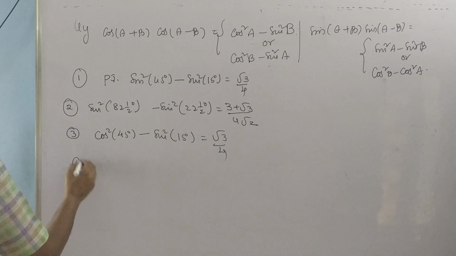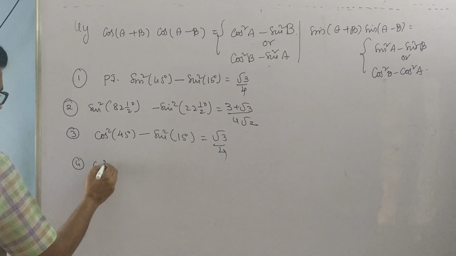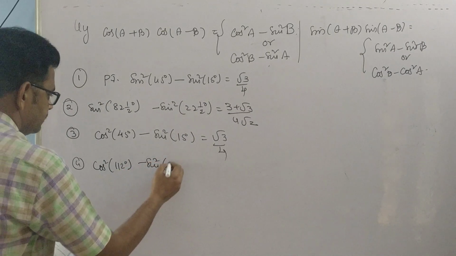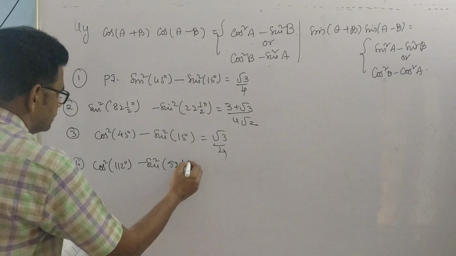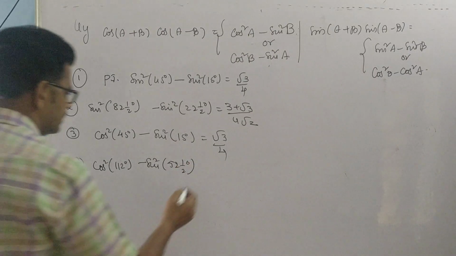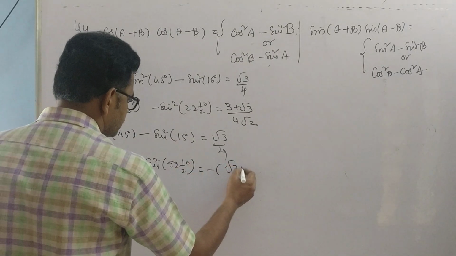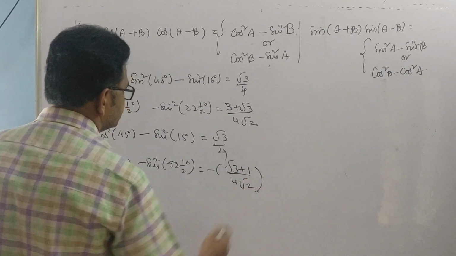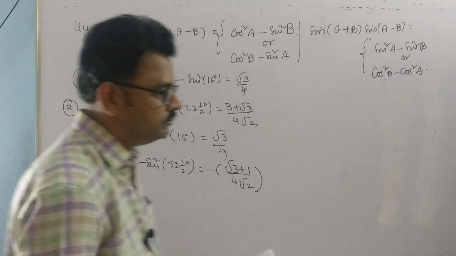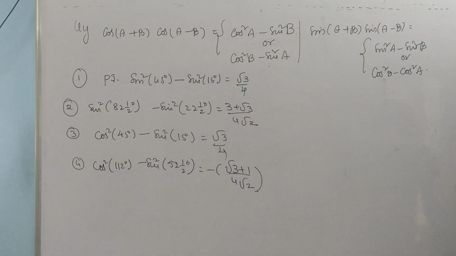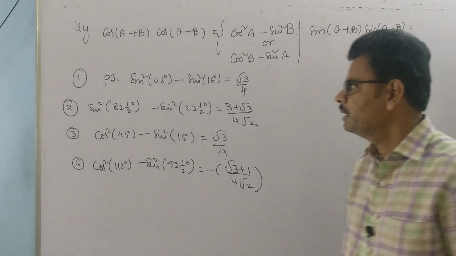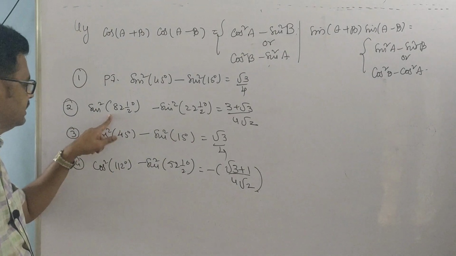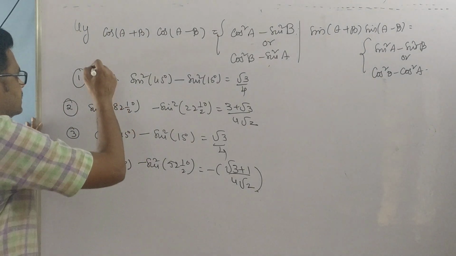And next one, prove that cos square 112.5 degrees minus sin square 52.5 degrees is equal to minus of root 3 plus 1 by 4 root 2. These are the problems related to the two formulas. Now I will explain the second one. You have to try this sum.